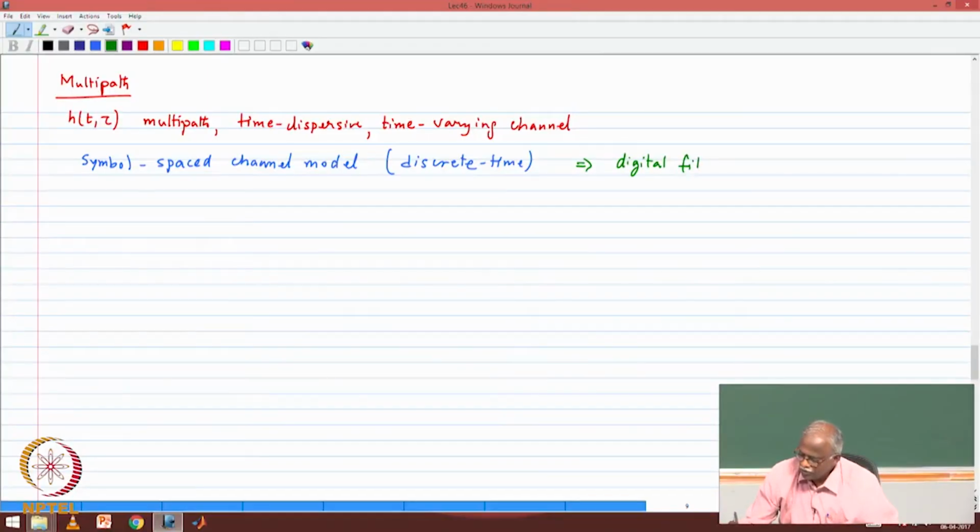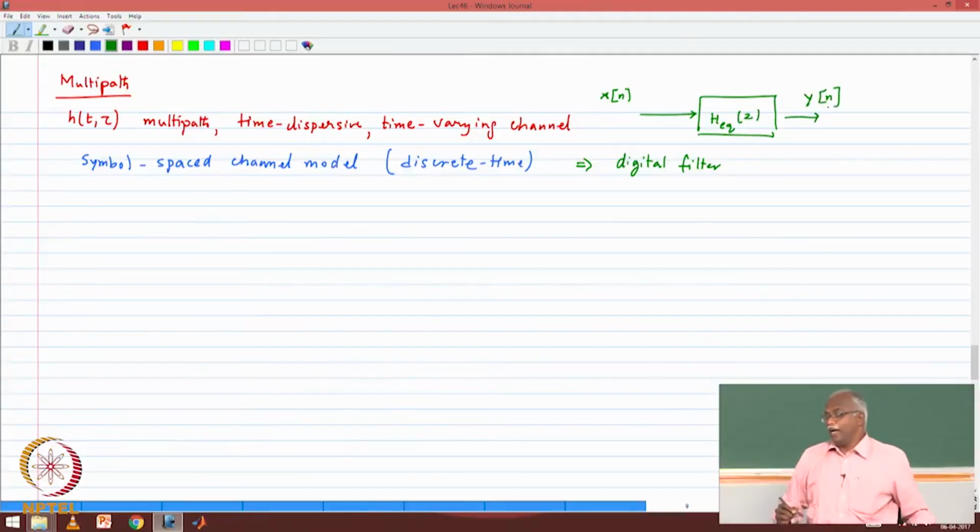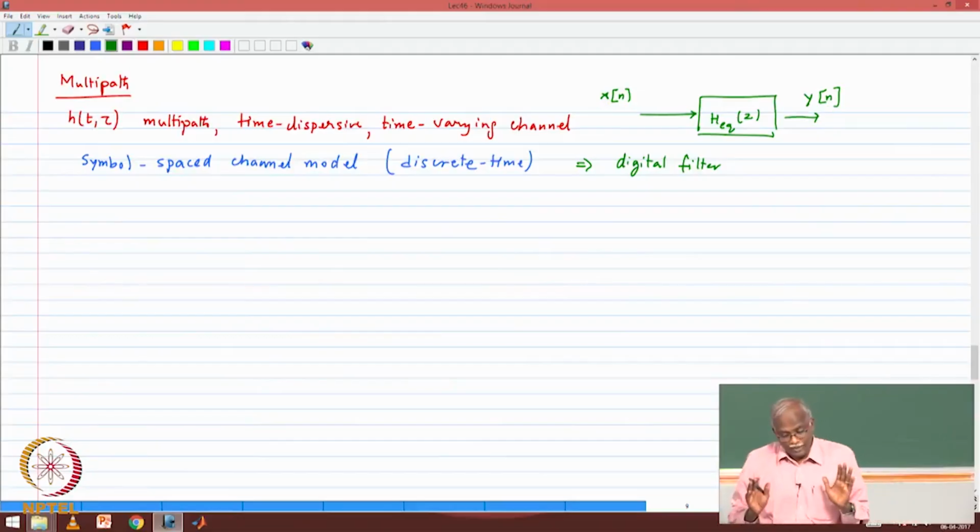I can represent my input as x of n, my channel as some h equivalent of z, and the output as y of n. And of course it is time varying. So, if I take a snapshot in time, I get a digital filter.